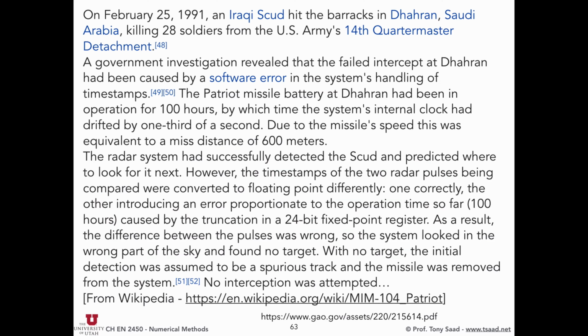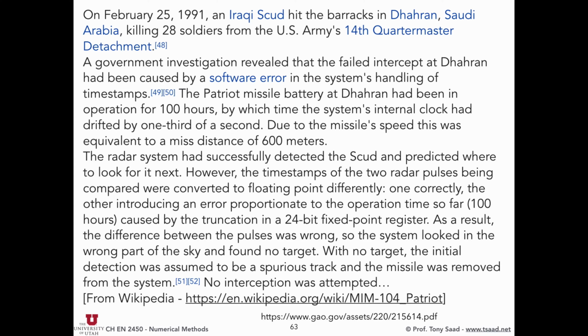During the Gulf War in 1991, the U.S. military was at war with Iraq, and they had a base in Dhahran in Saudi Arabia. An Iraqi Scud missile hit the barracks in Dhahran. It killed over 28 soldiers, and hundreds of soldiers were injured.